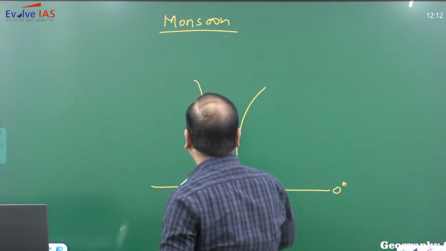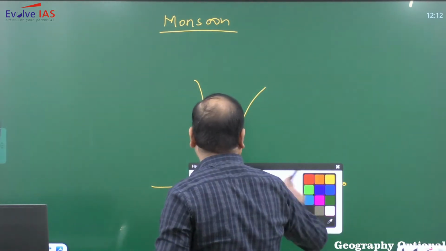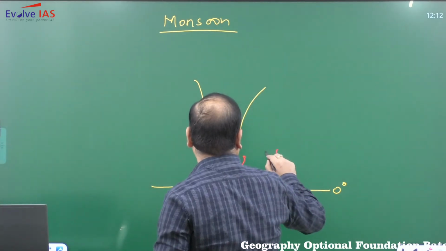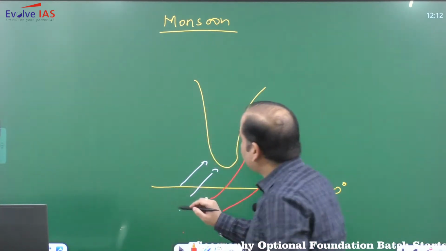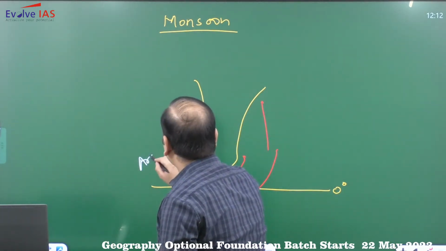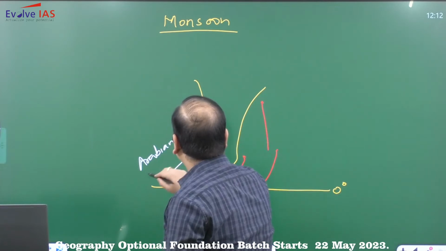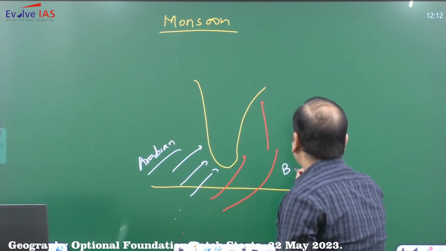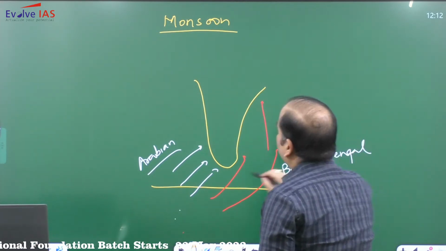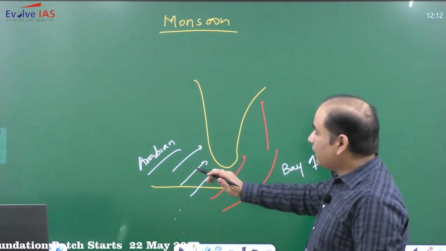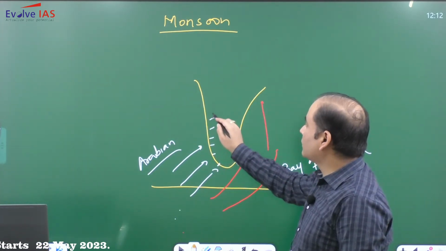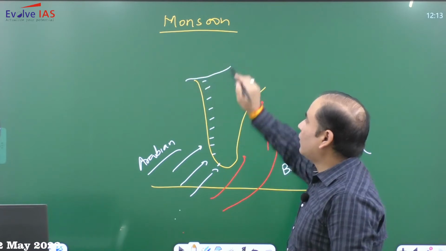One of the branches is your Arabian Sea branch, and the other one is your Bay of Bengal branch. Arabian Sea branch first will hit the Trivandrum coast, and then it will gradually move northward.